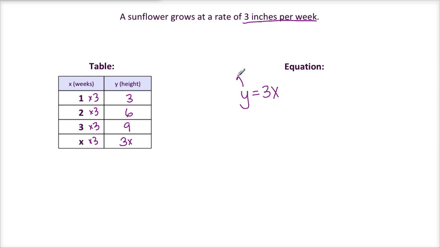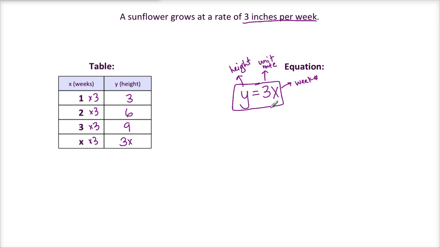So let's recognize what these represent. Y is the height of the plant. 3 is the unit rate, so 3 inches every single week. And then X represents what week it is, so the week number. And this equation represents this proportional relationship.